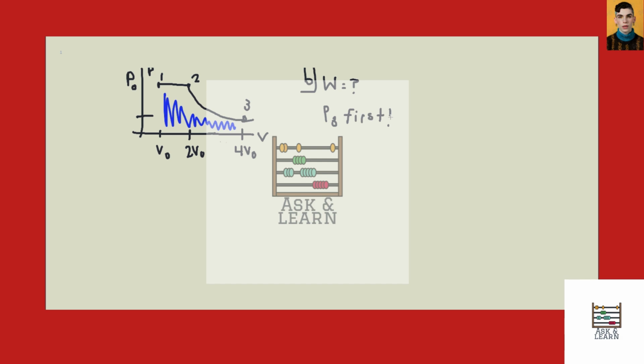And so to do that, you need equation 19.24. And if you do a little bit of algebra, you get that P3 is the initial pressure divided by 2 V naught over 4 V naught, where I'm using the equation for an initial and final pressure for an adiabatic process, an initial and final volume, the initial volume being 2 V naught, the final volume being 4 V naught.